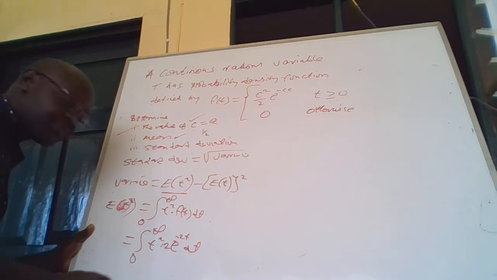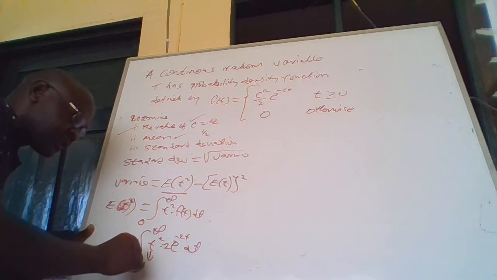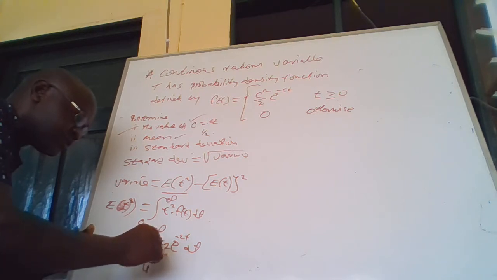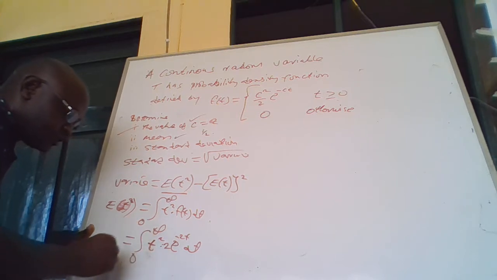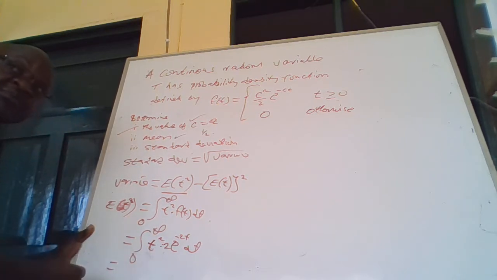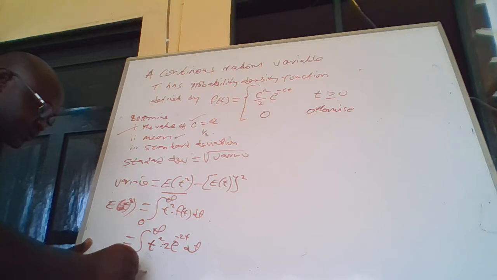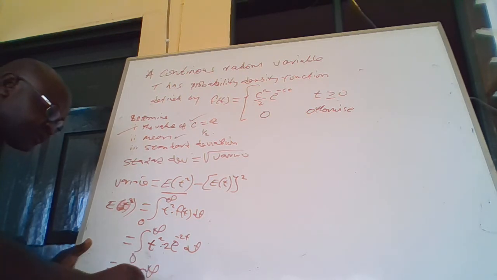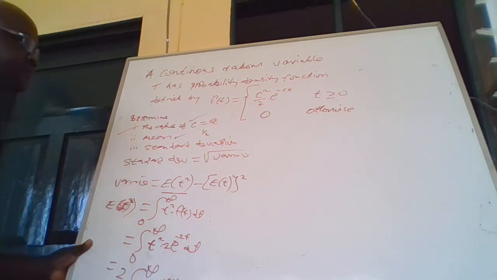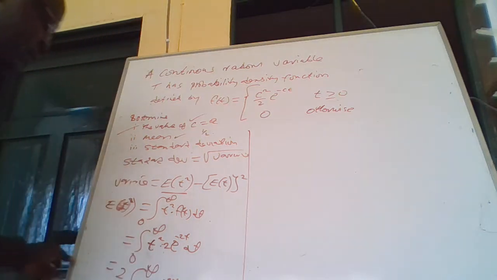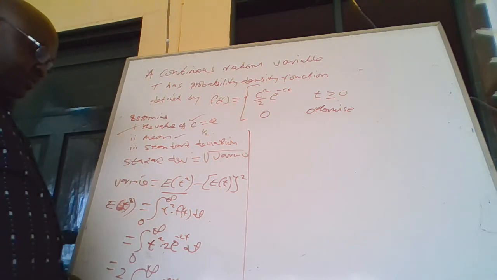Now, integration by parts again. t squared is our u, but before that, we can take 2 outside this because it's a constant. Then we have t squared exponent minus 2t dt. Now we shall integrate this one by parts.